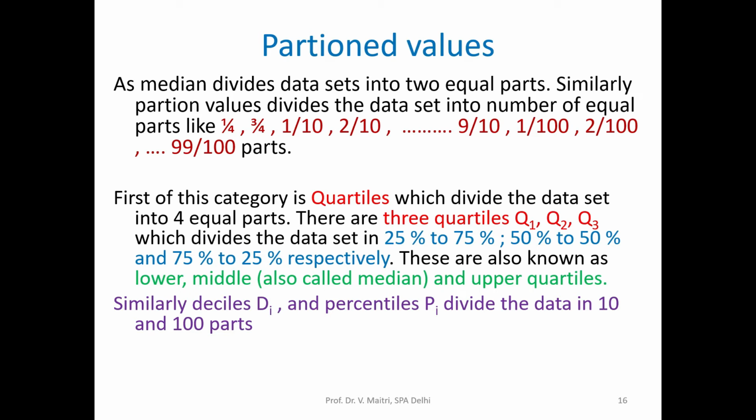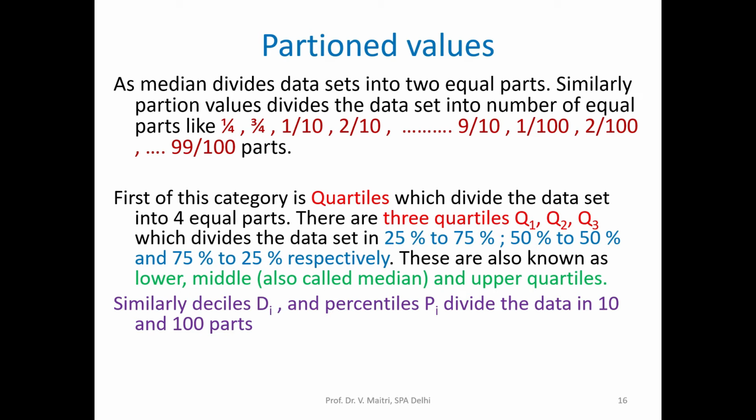Q2 is nothing but the median, where we divide the data 50% to 50%. For Q3, the third quartile, we divide the data 75% to 25%. Q1 is known as the lower quartile, Q3 as the upper quartile, and the middle quartile Q2 is nothing but the median.